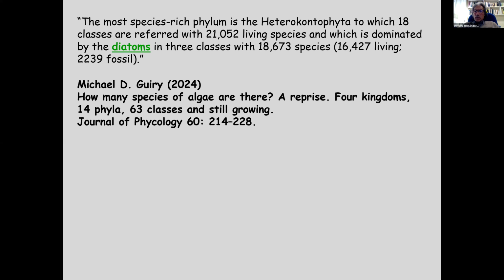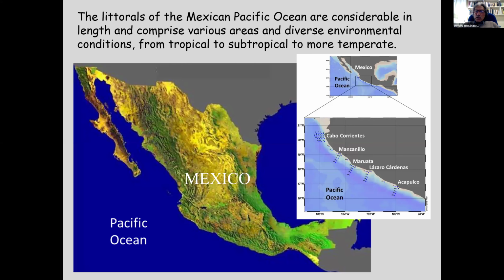More than 16,000 of these are living species of diatoms. So this gives a very special account of the diversity of diatoms from freshwater and marine environments.